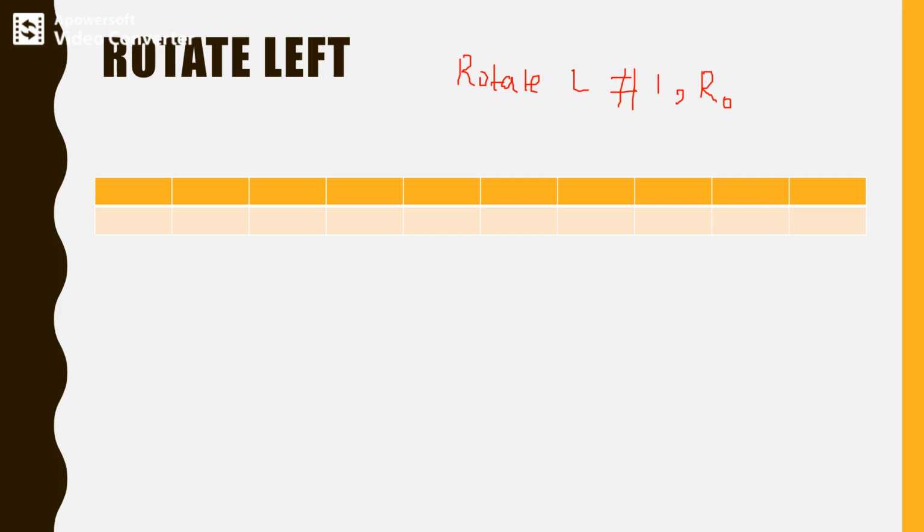Initially, before performing rotate left constant 1, R0, the value of the processor register was 0, 1, 1, 1, 0 followed by 0, 1, 0.